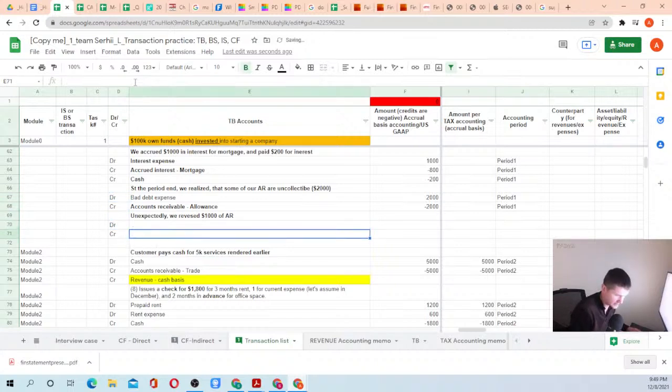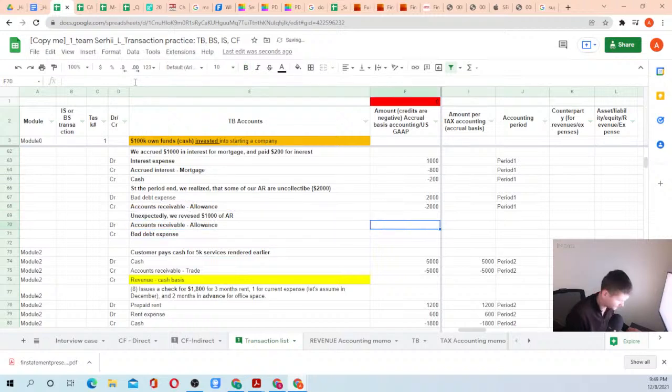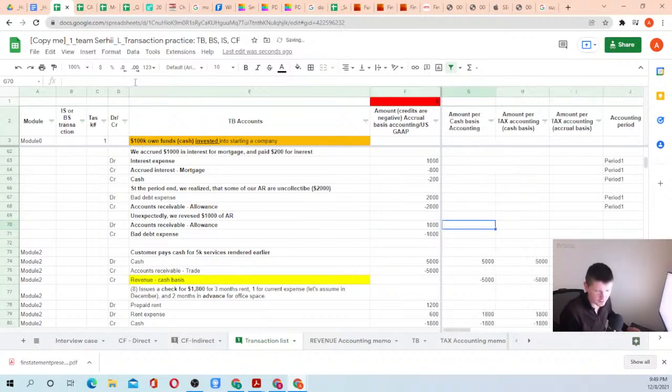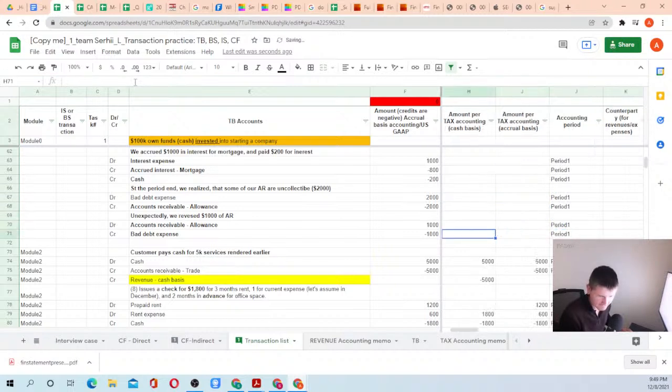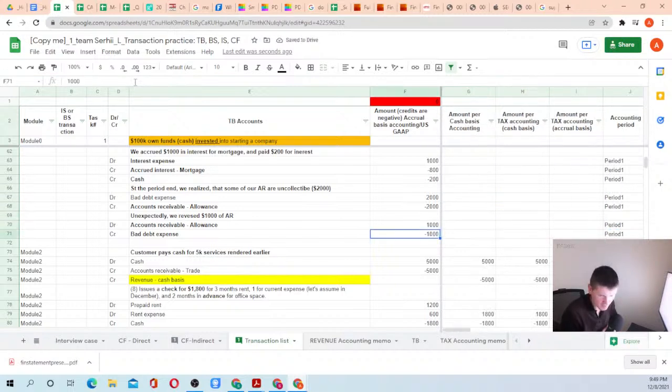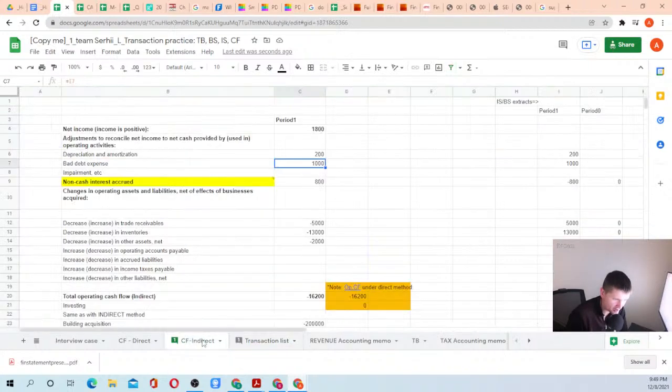So basically, whatever happens to the allowance in the future, if we reverse it and it reflects in the income statement in this period or in the next period, it will go to the same accounts.